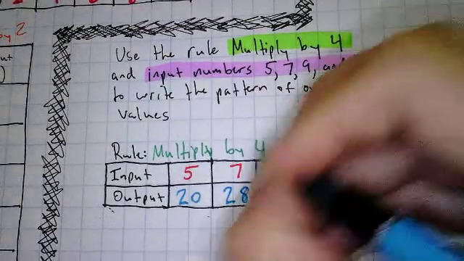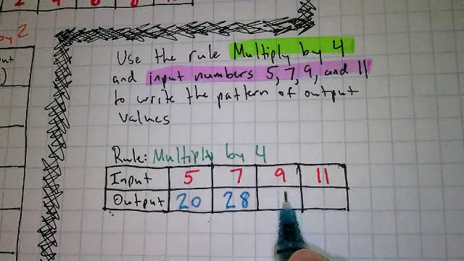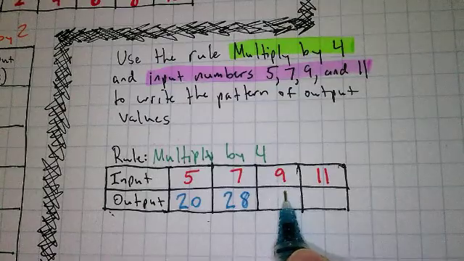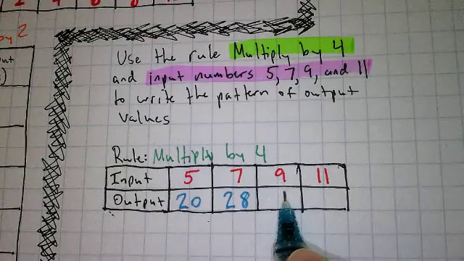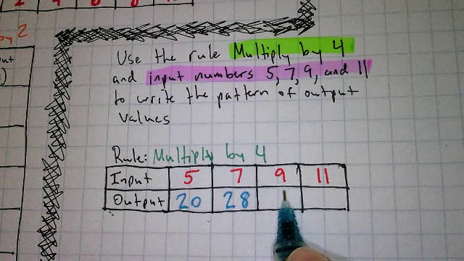Okay. My next input number is 9. What am I going to do to that 9, Reagan? What's my rule, Reagan? So what am I going to do to that 9? Don't give me the answer yet.